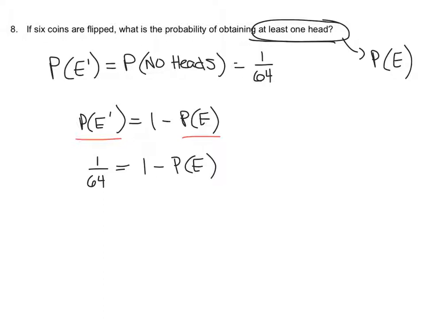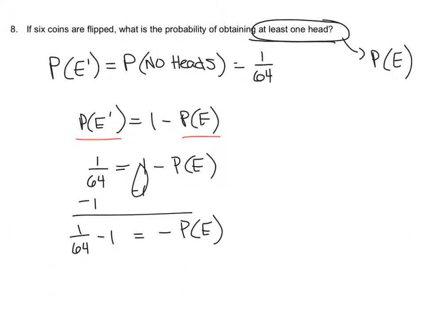Now I'll just solve this formula. To do that, we'll isolate the probability of E by subtracting 1 from both sides. We have 1 over 64 minus 1 equals the negative of the probability of E. Now, I need a common denominator, and the number 1 can be written as a fraction by just placing any number over itself.